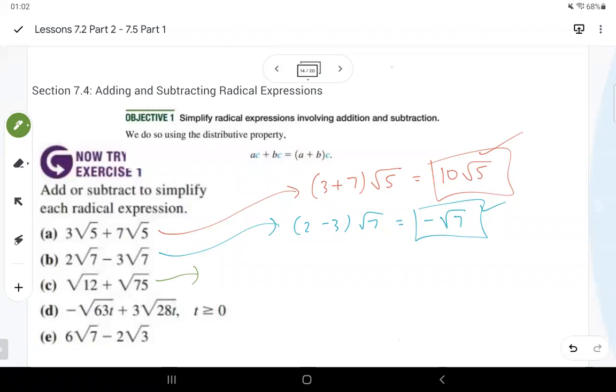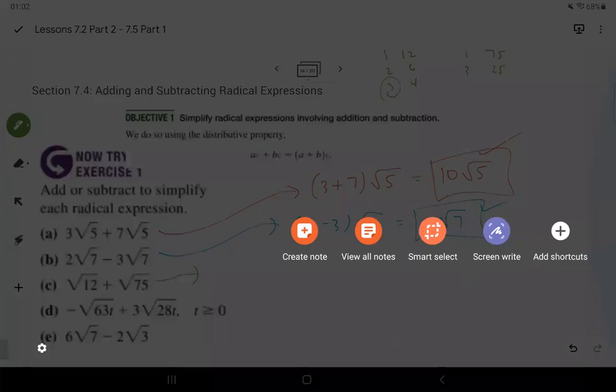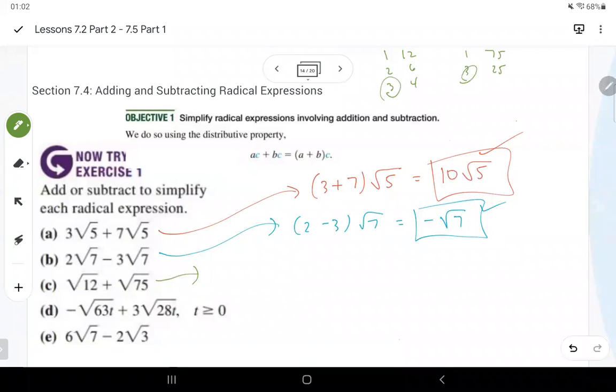Well, if you need to, you can look at the factors. 1 and 12, 2 and 6, and 3 and 4. Well, 75, we have 1 and 75, 3 and 25. Well, look at this, 3 and 3, and they're paired with perfect squares. So right there is what you want.